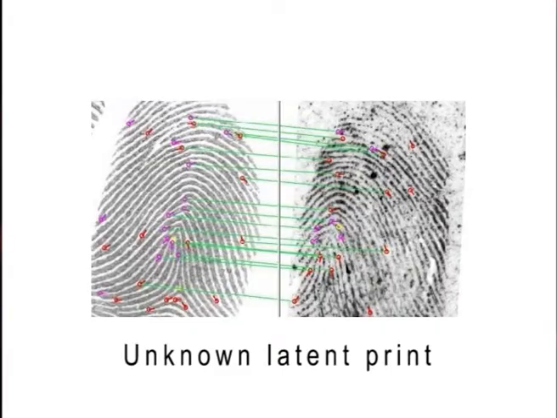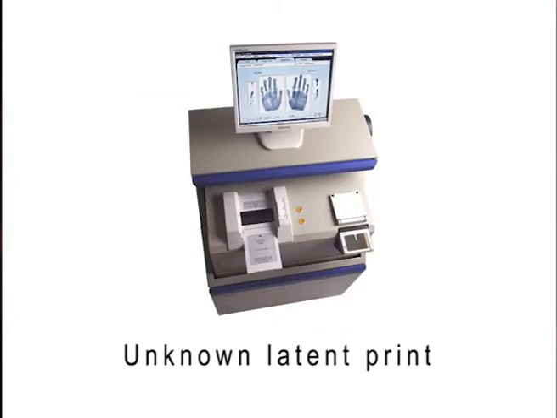The images and biographic data can be mailed, faxed or sent electronically to the state or local identification agency that operates the AFIS system.